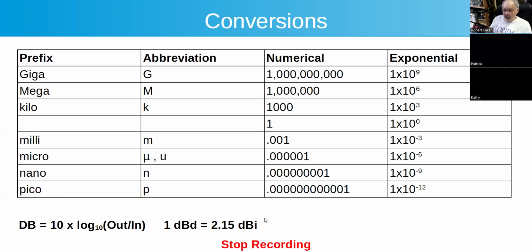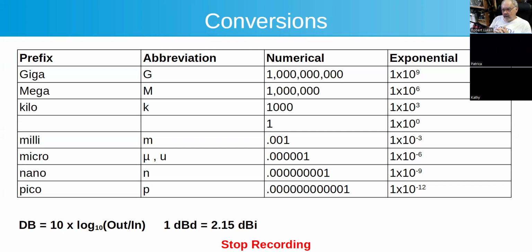The other one that was part of that session was decibels. You don't necessarily need to remember the formula, which is 10 times the base 10 log of some ratio.